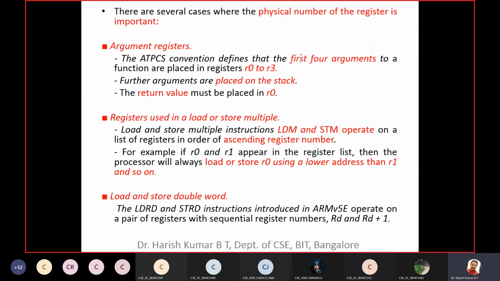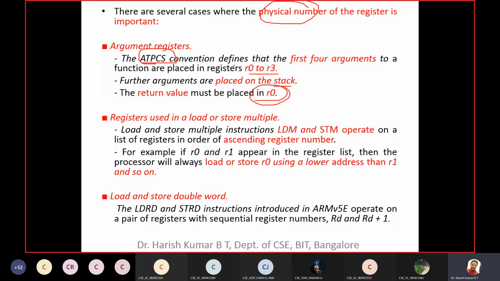But there are certain cases where the physical number, that is R0, R1, R2, itself is important. One is argument registers. The first four arguments to the function are placed in R0 to R3, as per the ATPCS standards. Further arguments are placed on the stack, and the return value is placed in the register R0.